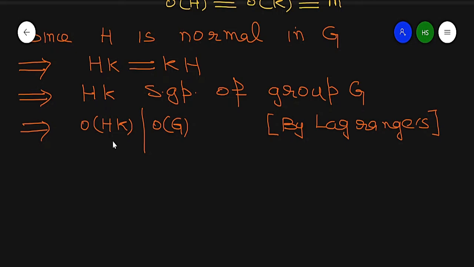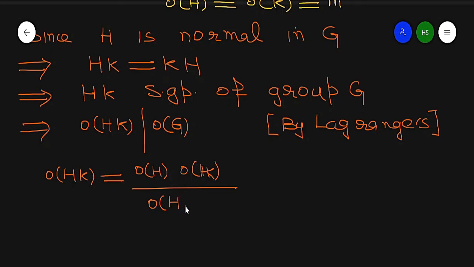The order of HK can be written as order of H times order of K over the order of H intersection K.